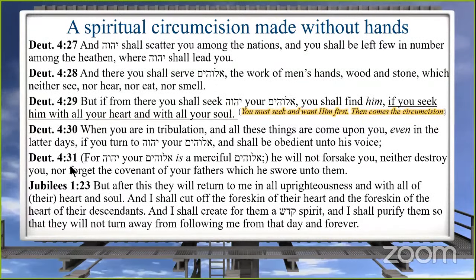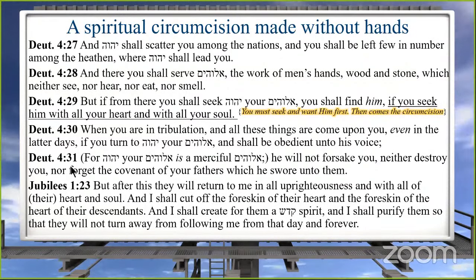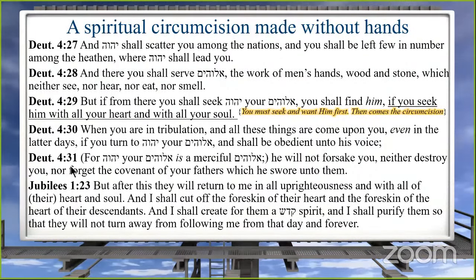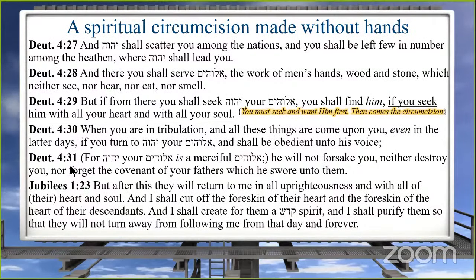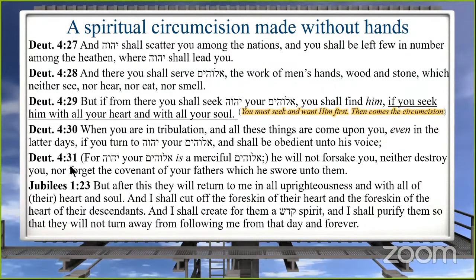Devarim 4:27 says, and Yahuwah shall scatter you among the nations, and you shall be left few in number among the heathens, or the Gentiles, or the nations where Yahuwah shall lead you. And there you shall serve elohim, the work of men's hands, wood and stone, which neither see nor hear nor eat nor smell.